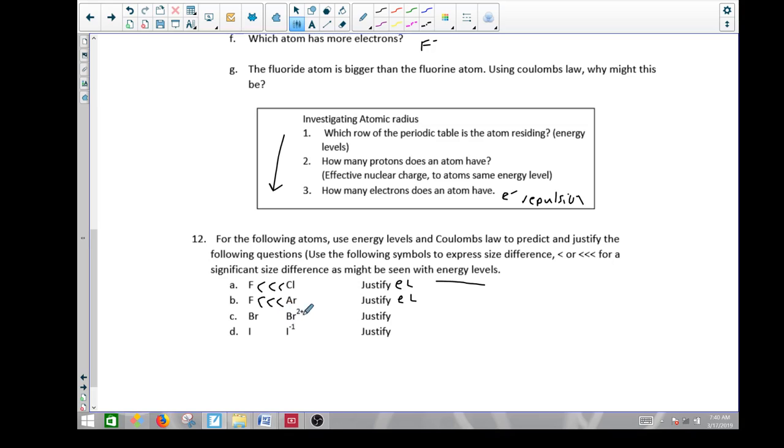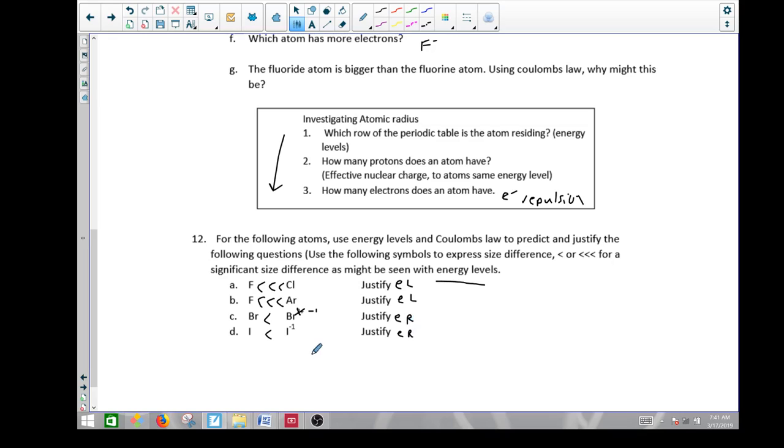I don't know if I should change that or what, but in fact, let's change it right now to bromide. Maybe I meant barium, I don't know. Change it to a standard charge, which would be -1. All right, so bromine versus bromide. Bromide's got one more electron, so this guy is slightly bigger due to electron repulsion. And we have the same thing here, and it should be -1. Yes, it is a little bit bigger due to electron repulsion.